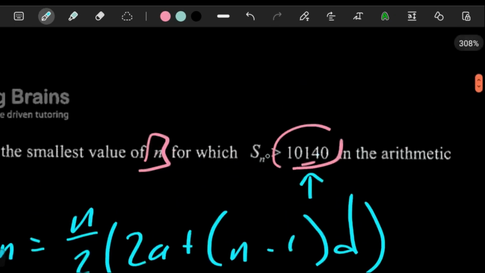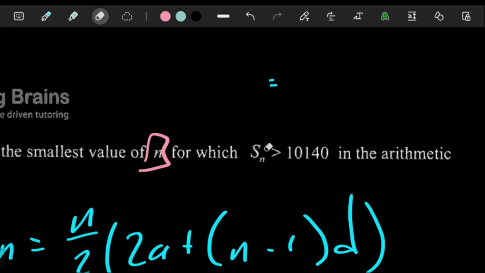So if you're going to work out where Sn is bigger than this, you might as well firstly work out where it is equal to that. That's where you can start, because you know that whatever value of n you get, any value after that value of n is bigger than 10,140, right?